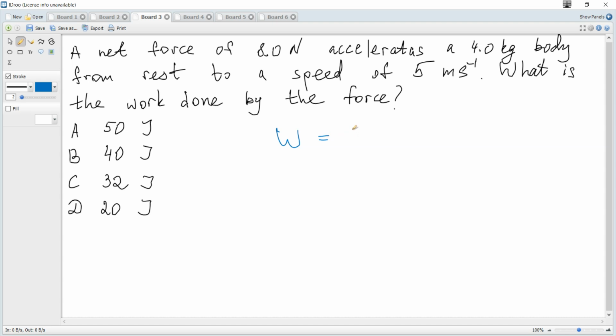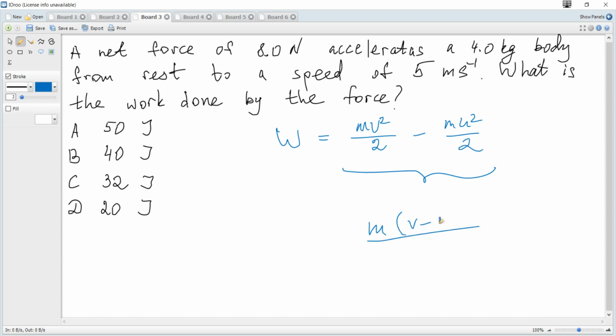So it means kinetic final value minus kinetic initial value, so it's mv squared over 2 minus mu squared over 2. Notice that it's change in kinetic energy, not m times change in speed squared. It's never true actually.